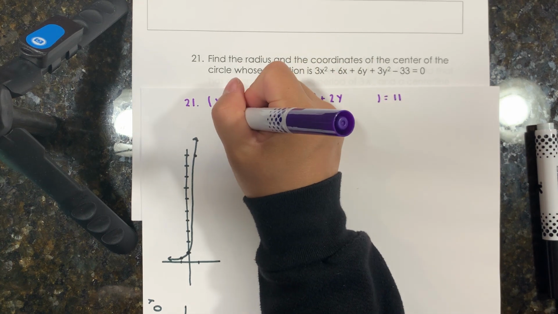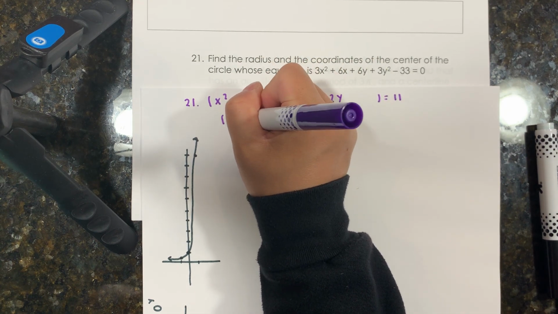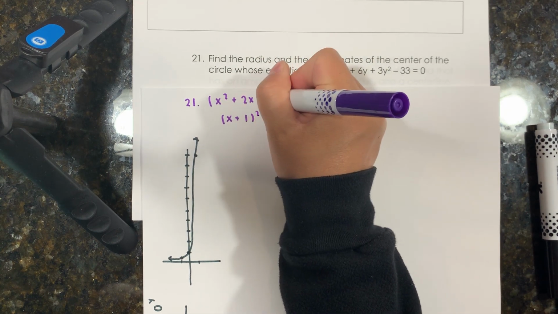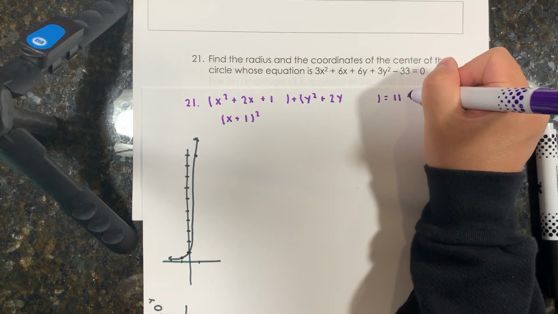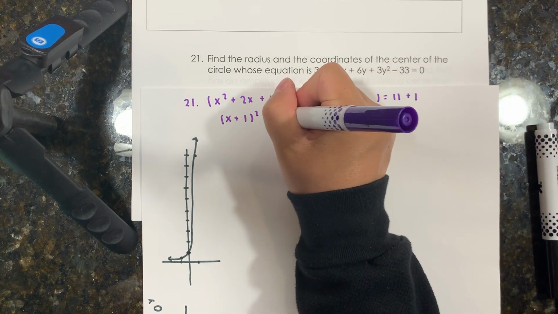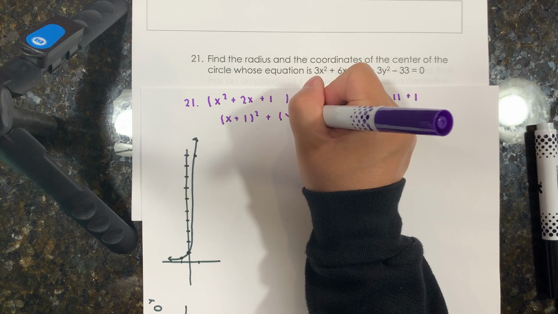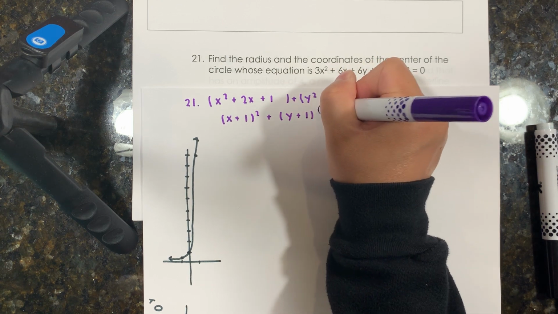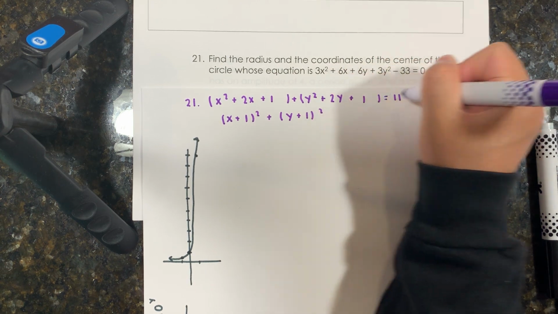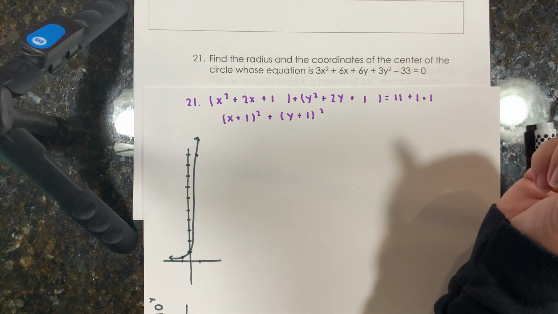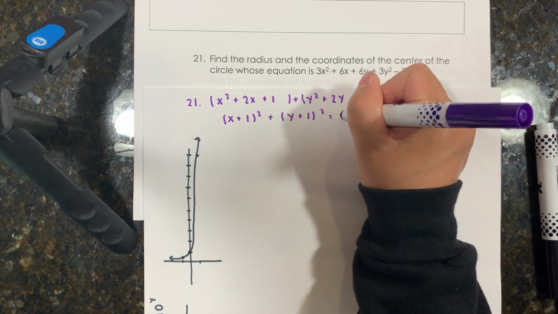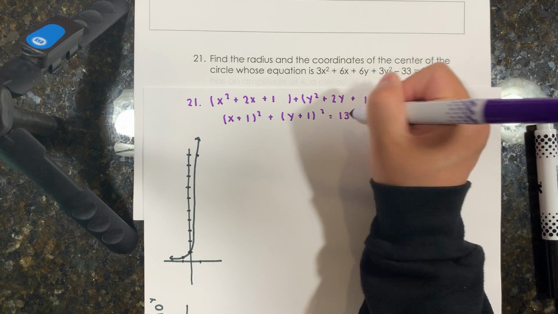Now half of 2 would give me x plus 1. When I square that, that's plus 1 that I'm going to add to both sides. Again, half of 2 is going to be 1, so that would be y plus 1 squared. Add 1 to both sides. So that would be equal to 13.